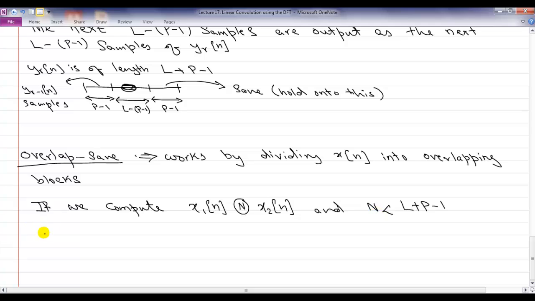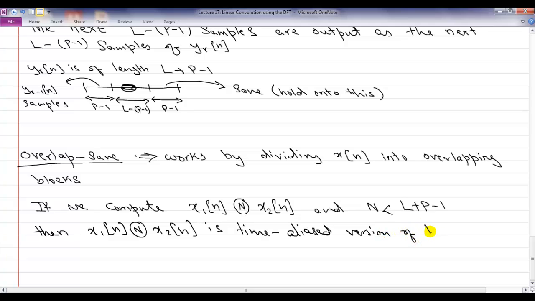So if this happens, then the circular convolution is a time aliased version of the linear convolution. And how is that aliasing described?